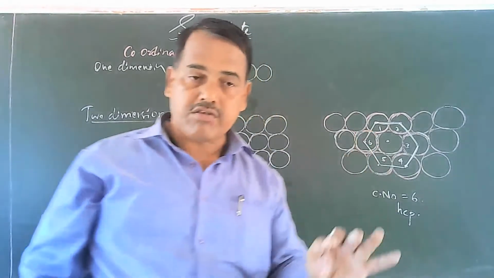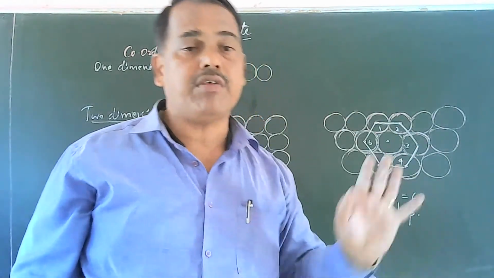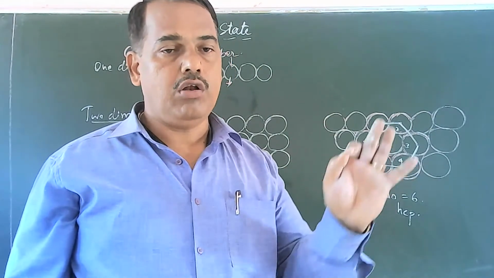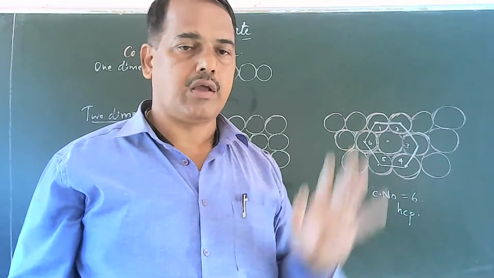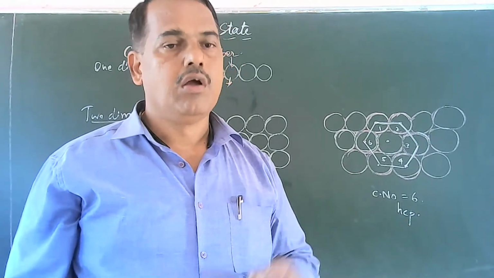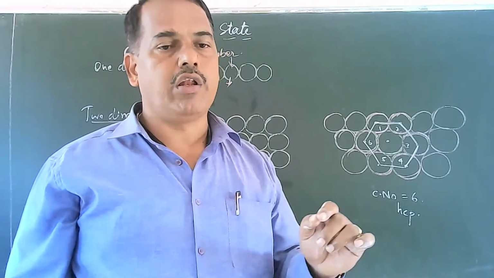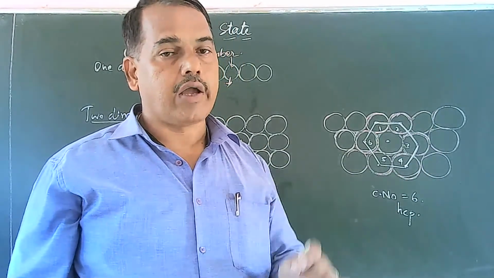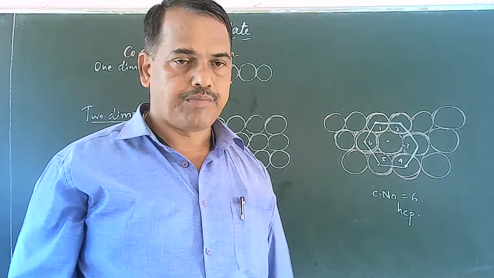Second layer spheres are present at the depressions of the first layer. Then we will get hexagonal close packing. What is the coordination number? Coordination number is 6, which is called hexagonal close packing.